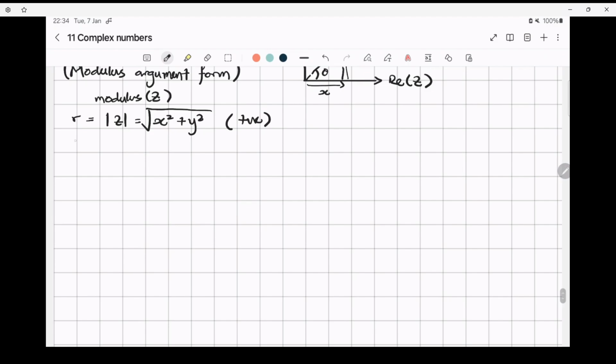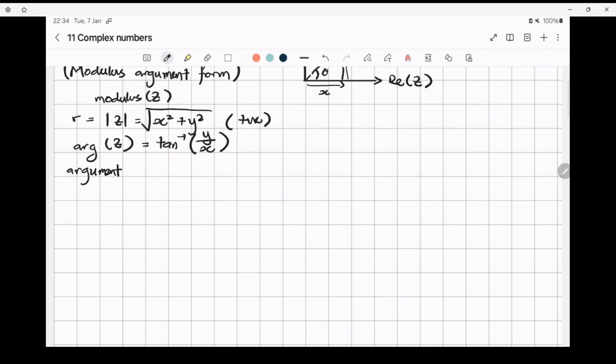The second part is the theta. We denote that as the argument of z. So the argument of z basically is the angle itself, and this is given by the inverse tangent of y divided by x.